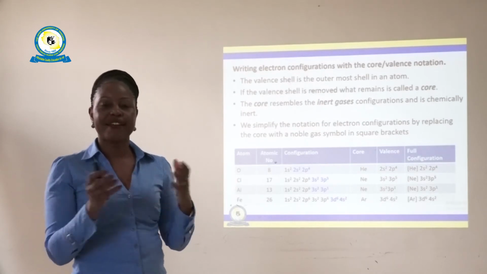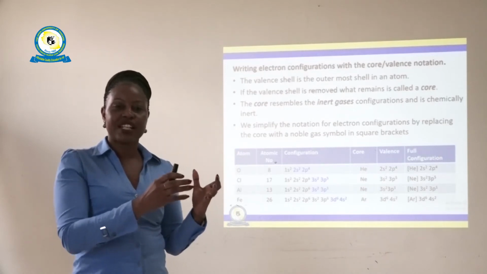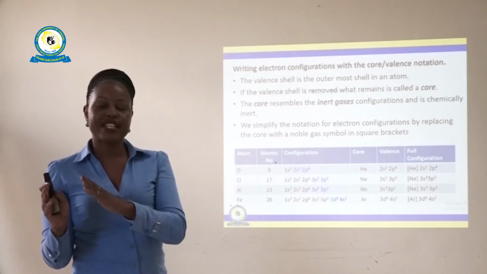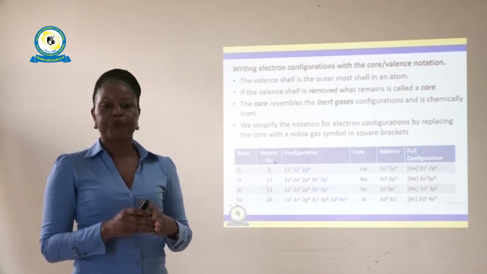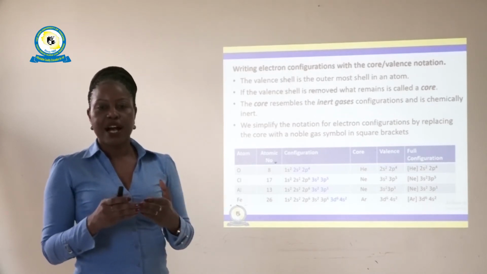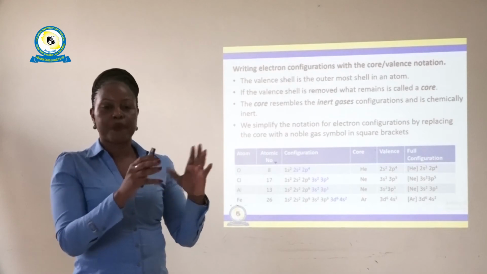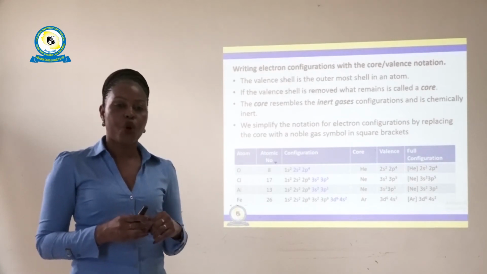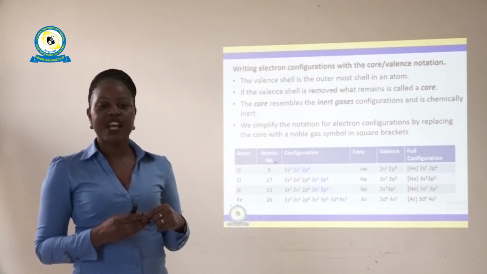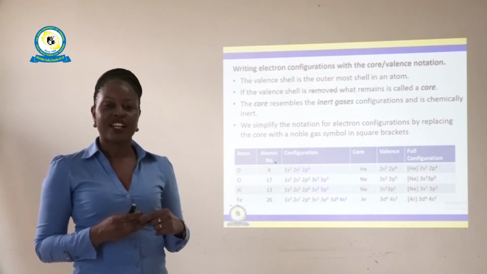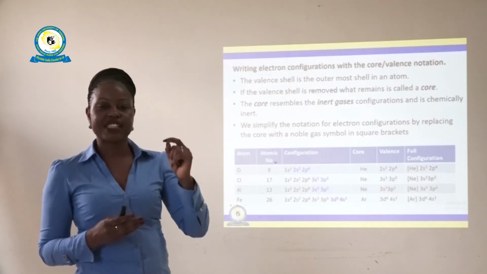So we can simplify writing of the electron configuration by using the inert gas configuration followed by the valence shell configuration. For example, for oxygen, which has atomic number 8 and which has 8 electrons, it has 2 electrons and 6 electrons.